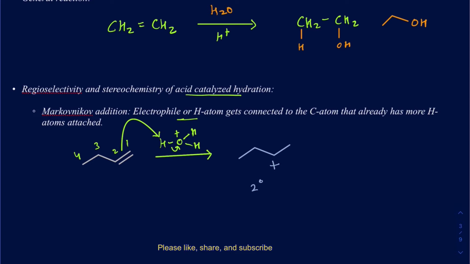You don't want to make it the other way, with the hydrogen going onto the second carbon. In that case, your first carbon would be the carbocation, a primary carbocation, and that's going to be less stable. So you're always going to be making the more stable carbocation.